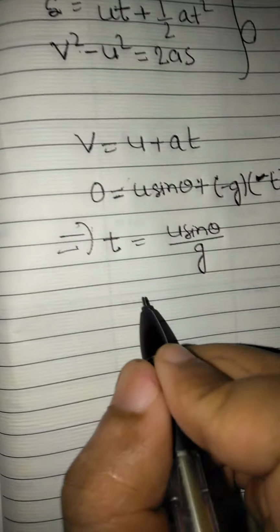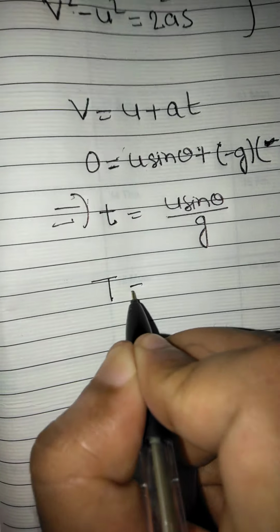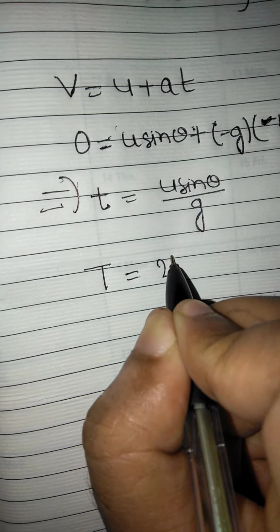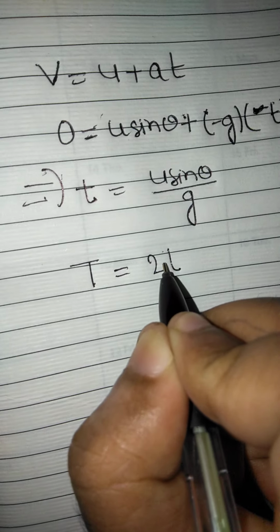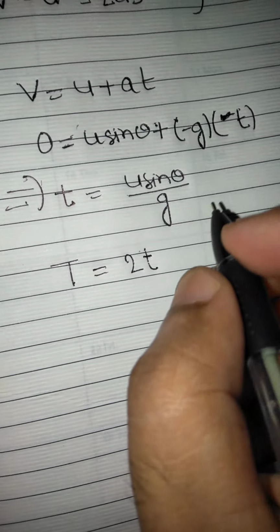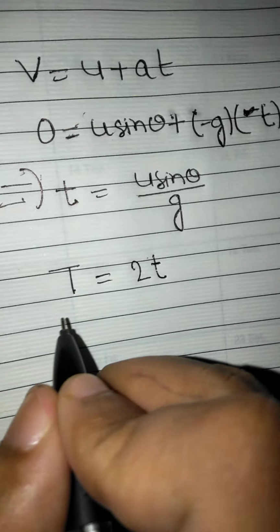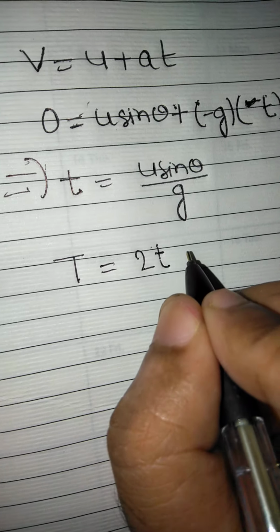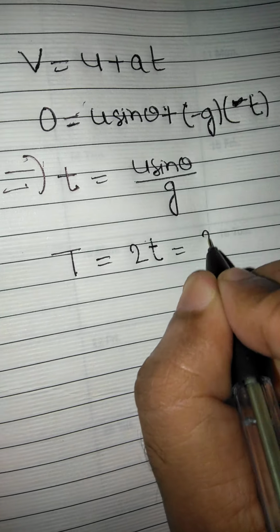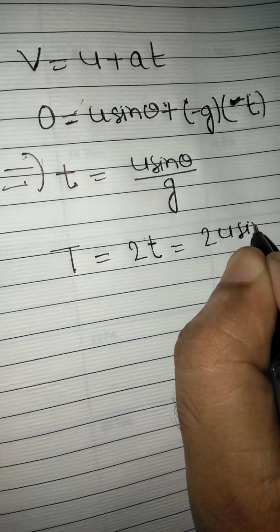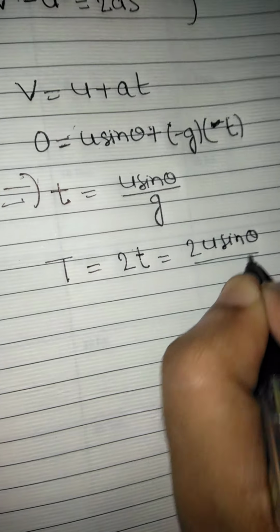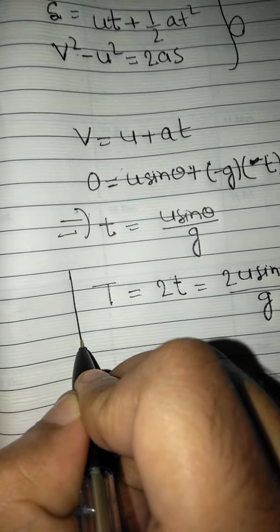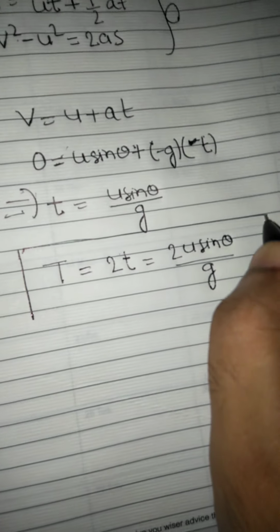Hence, the time of flight will become twice the time it takes to reach the maximum height, and hence it will be 2u sin theta by g. This is our first parameter.